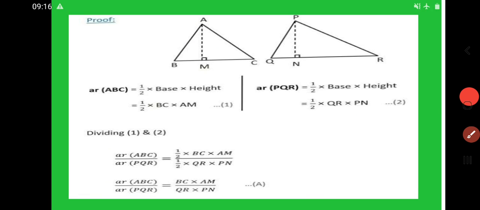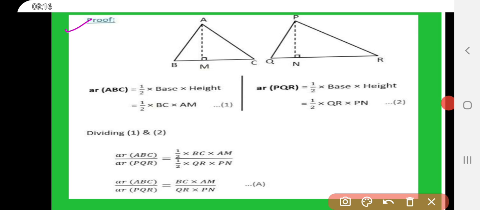Next, proof. You know the area of a triangle is equal to half into base into height. So here area of triangle ABC is equal to half into base, here base is BC and height is AM. So half into BC into AM.